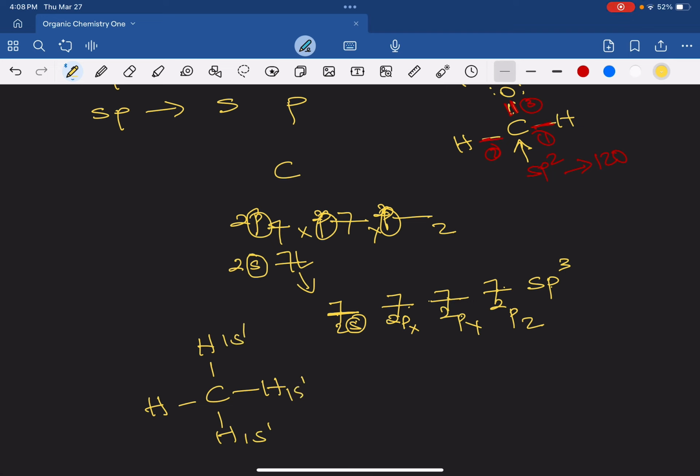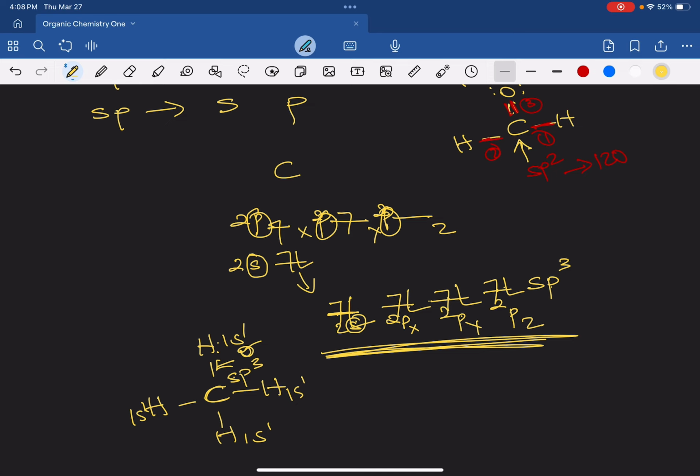Each hydrogen brings in one electron to be shared with your sp3 hybridized carbon. This is your sp3 hybridized carbon. So each hydrogen will drop its 1s electron here. That's how you get that full octet. So the 1s and one of your sp3 orbitals combine here to give you this covalent sigma bond.